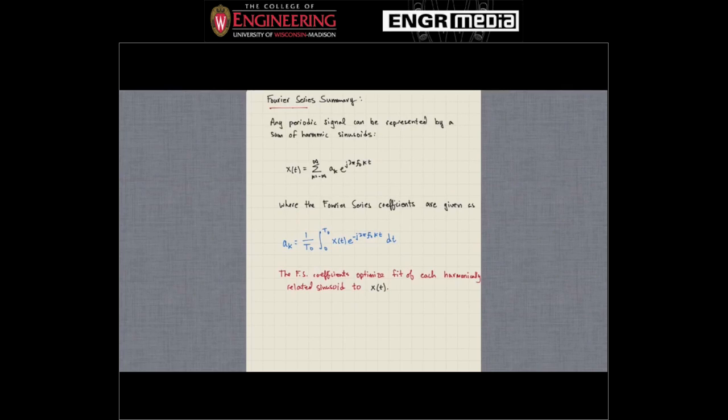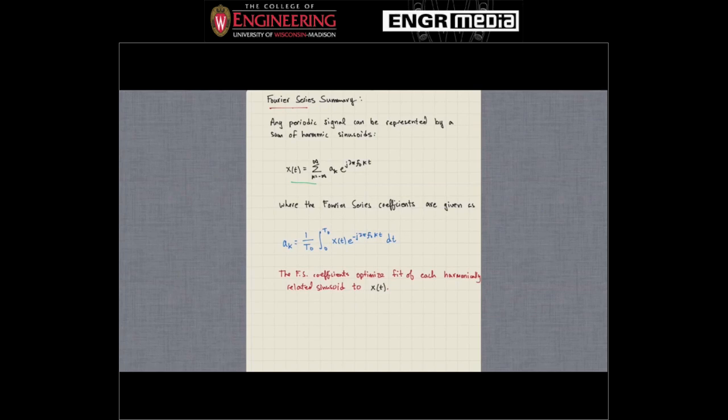So to summarize what we've seen about the Fourier series, it's been a lot in the last two lectures, but what we can say is that any periodic signal can be represented by a sum of harmonic sinusoids. In particular, we can write x of t as the sum of a complex number times the complex exponential at a harmonic frequency.